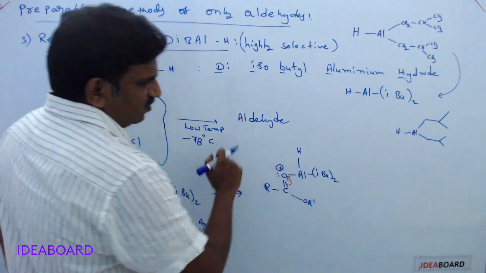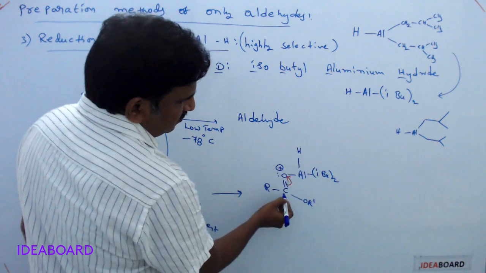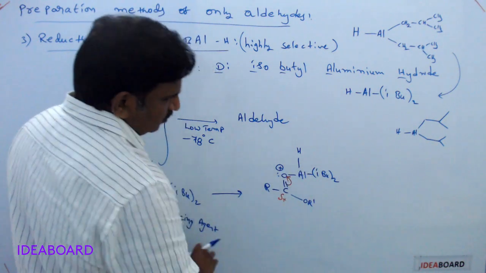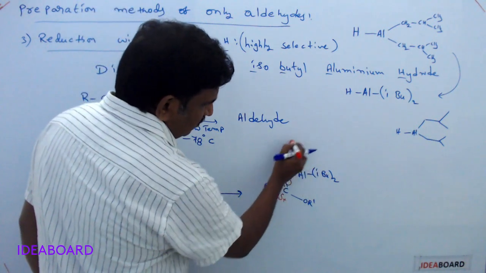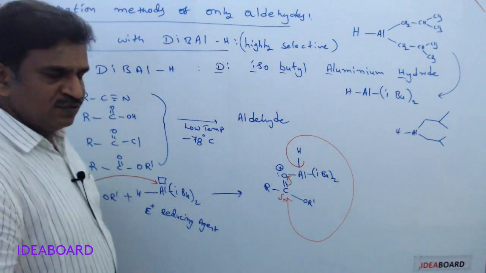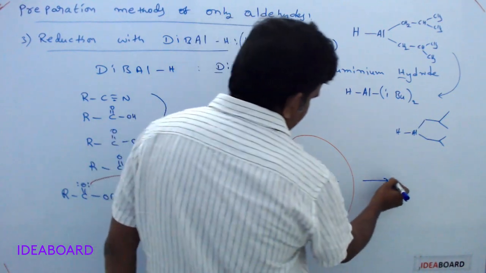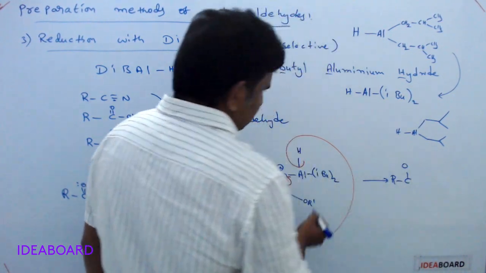Whenever this is shifting onto the oxygen atom, then immediately this is losing electrons, so it gets partial positive charge. So now the hydrogen present on the aluminum is attacking the carbon atom. Here R, and here it is O, and a single bond.